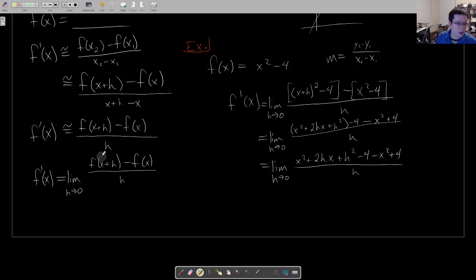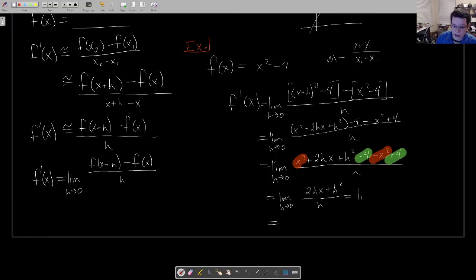Now, x squared and negative x squared go away. Negative 4 and positive 4 go away. So then we have still the limit as h goes to 0 of 2hx plus h squared over h.